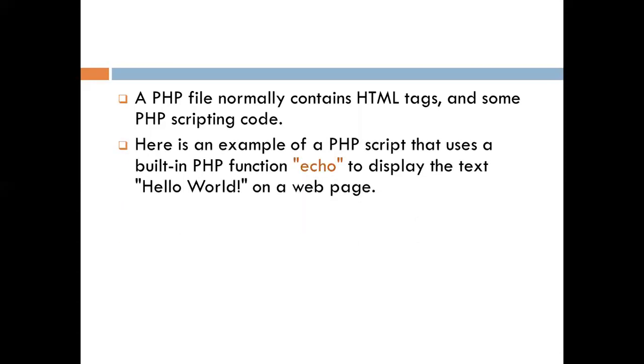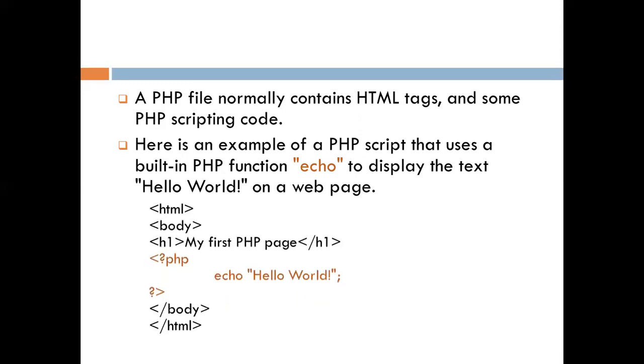Here I'm going to show you one example for printing a simple text, hello world, using the echo statement. Start with the HTML tag. Within a body tag, we are giving one heading, my first PHP page. And then we are creating a PHP script with the use of standard tags.